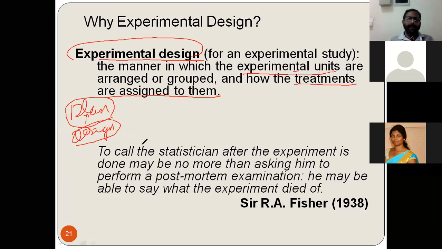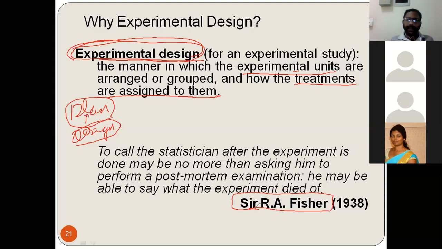Right. Why is this experimental unit important? Why do we want to have this experimental unit? Anyone knows who is this Fisher? Sir R.A. Fisher was a statistician who lived in the UK.